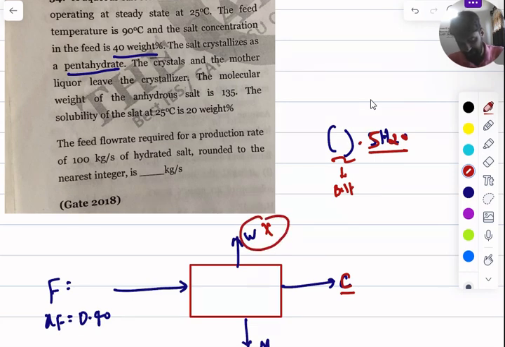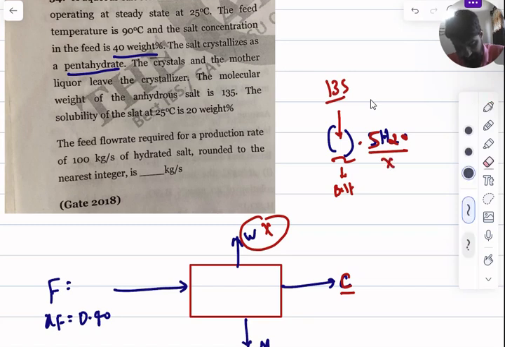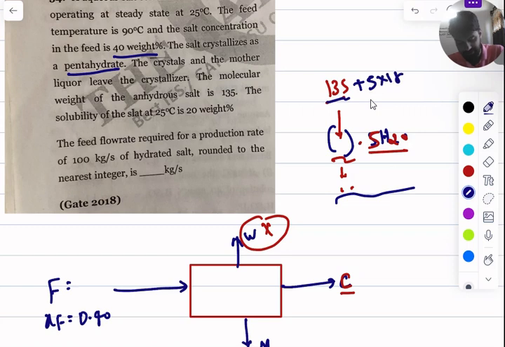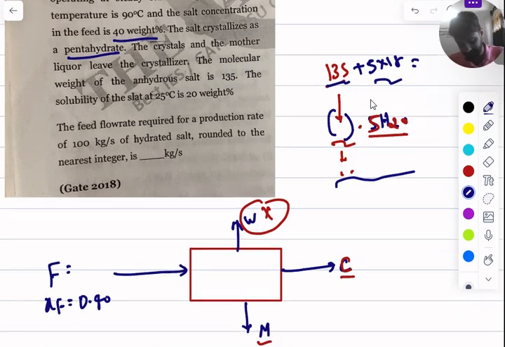The molecular weight of anhydrous salt is 135. This is the anhydrous form, if water is not there, right? So if you want to calculate the molecular weight of total hydrated salt, it is the molecular weight of anhydrous salt plus 5 multiplied with 18, that is the molecular weight of water. So you can calculate the molecular weight of hydrated salt also, right?